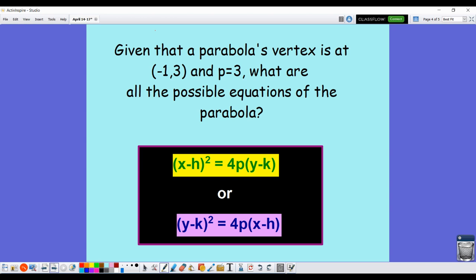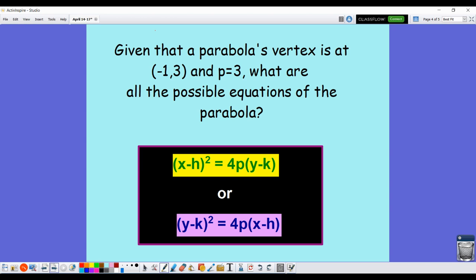So if we're given a p-value that's positive, and we're given a vertex, then there are 2 possible outcomes for my parabola. The first outcome would be that it opens upward, and I would have the equation x minus h squared equals 4p times y minus k.